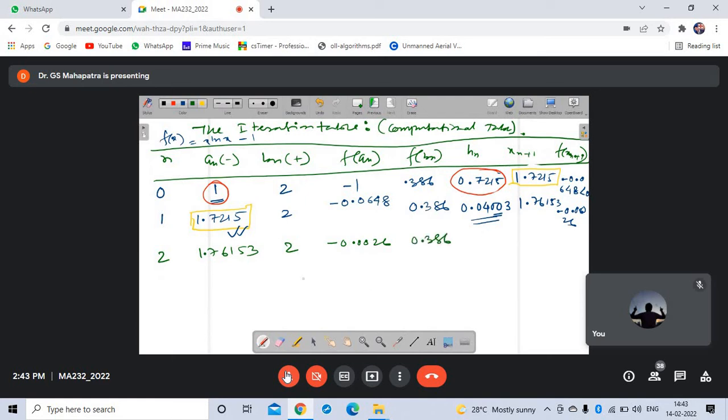Now Hn means the difference of these two, and then product with the modulus of this one divided by the mod of these two. I will mark it again with a different color. This one is based on this one, and this value is replaced by this one. Fine. Now what is Hn?